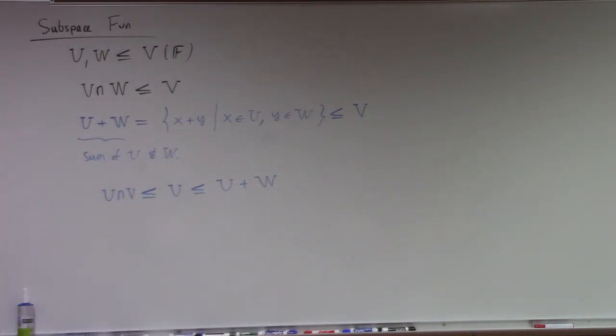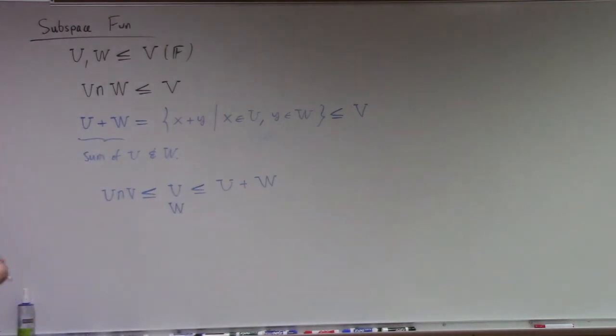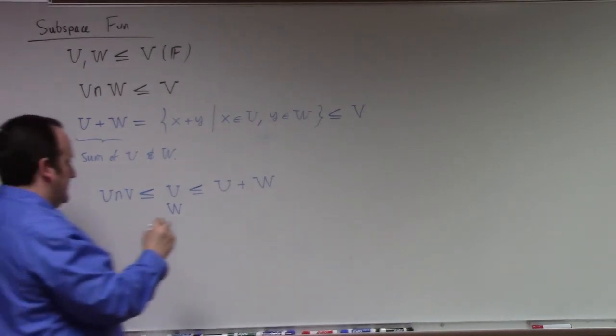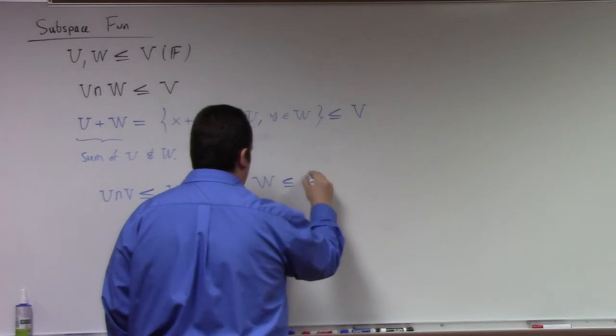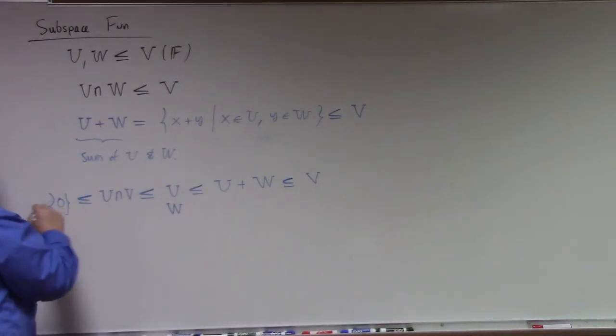Do you see why U has to be a subspace of U plus W? Just look at the set. Put y equal to 0 in the definition. You get everything in U. I could just as well have put W here. That would also be true. I just don't want to put it in this string because I don't know which one comes first. And then this, of course, is a subspace of V. If you want me to put something below it, 0, right?